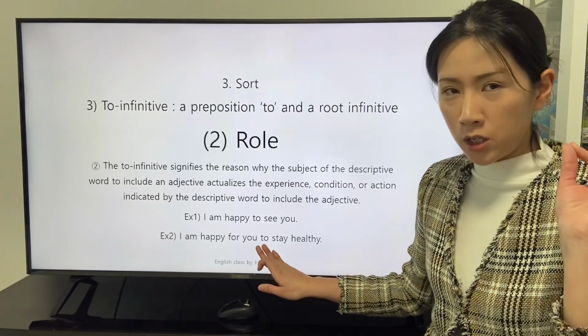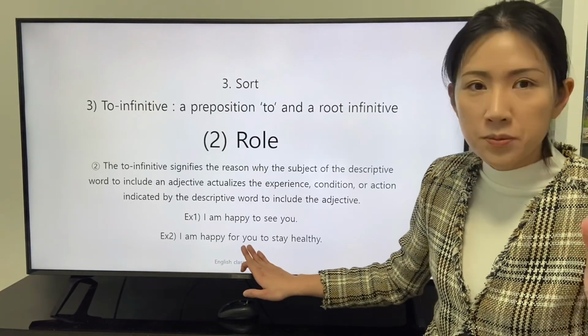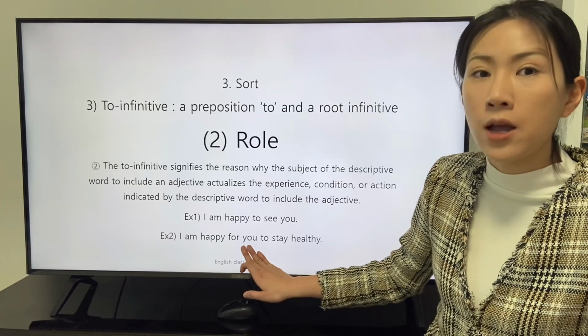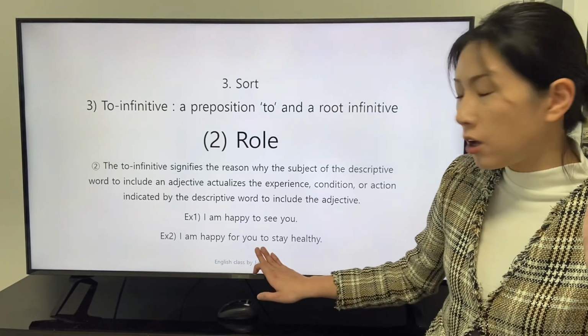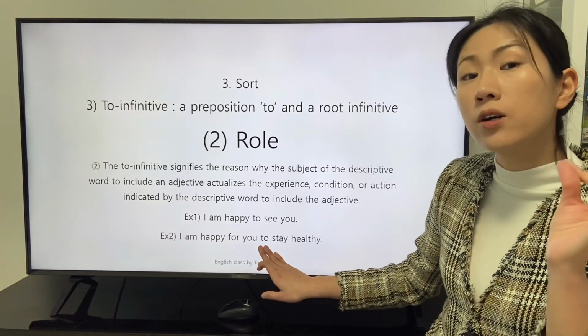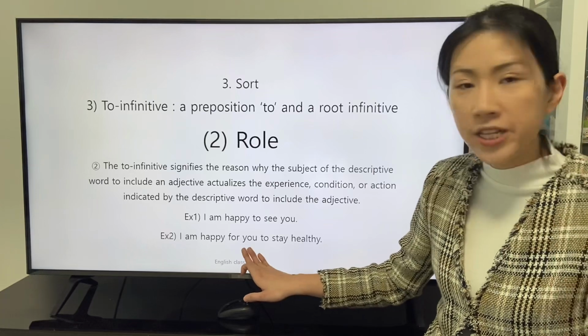The phrase of the to infinitive describes the subject indicated by the personal pronoun you. The subject of the to infinitive to stay are the listeners.